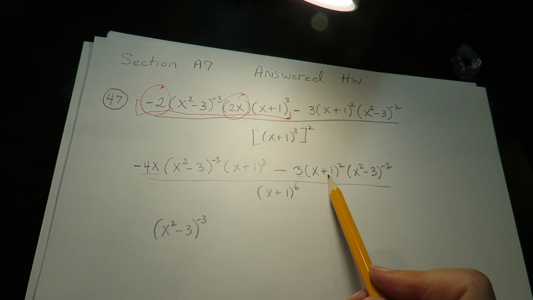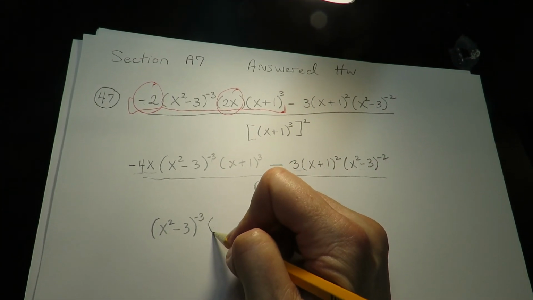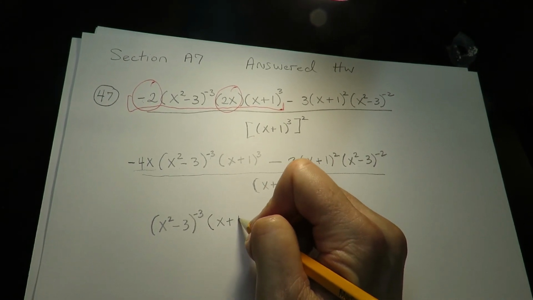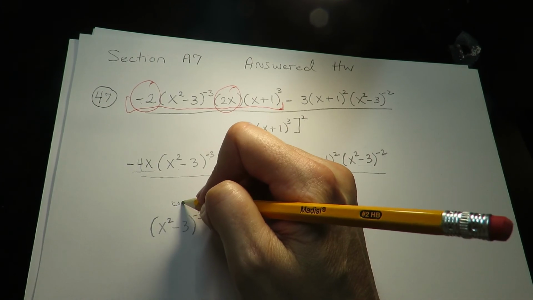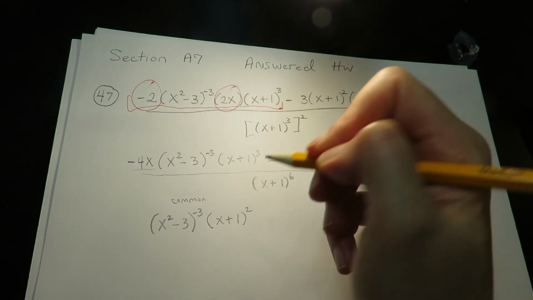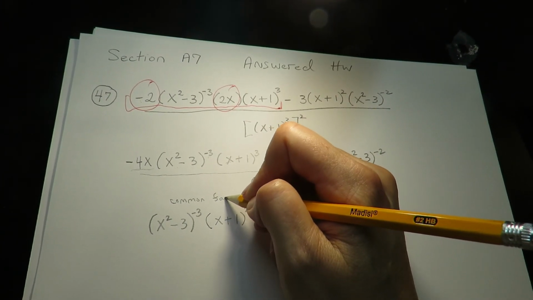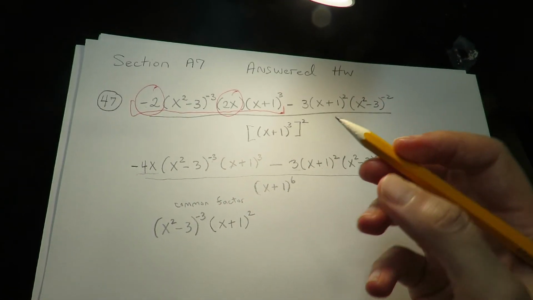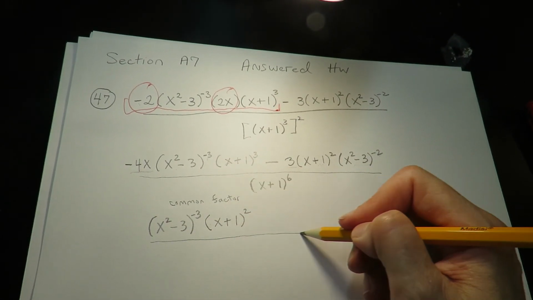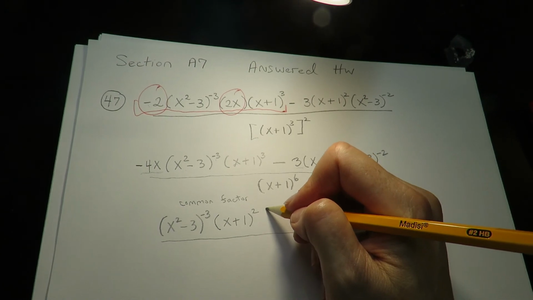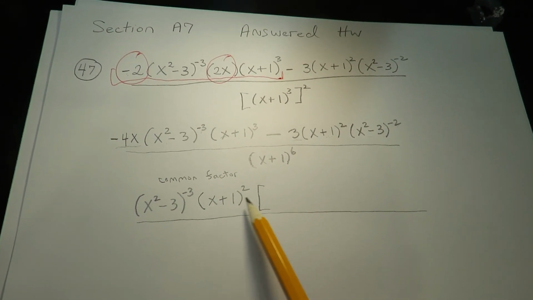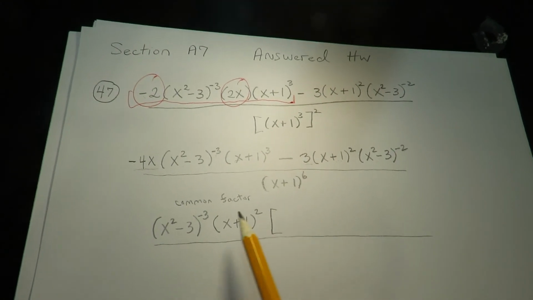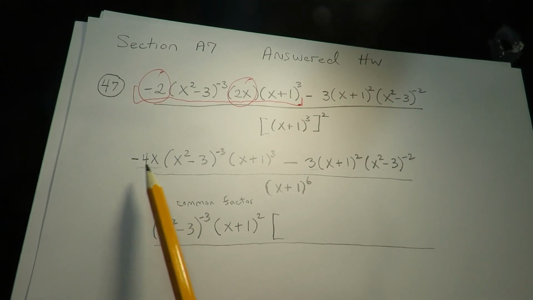The 2 is smaller, so this one's the common factor. Now I like to put brackets. That doesn't have to be you. It's just that if I see parentheses everywhere, it gets my brain a little tired.